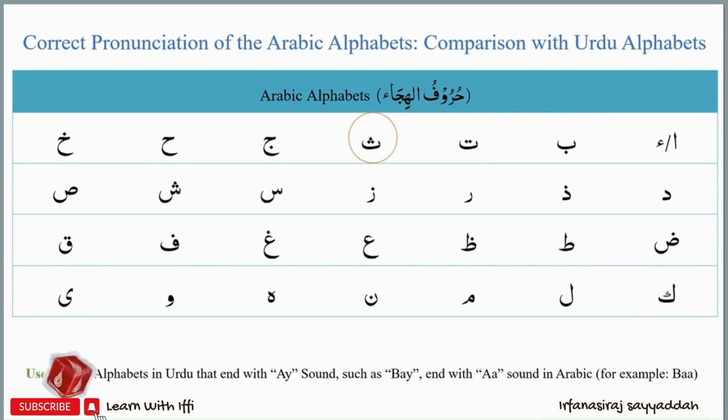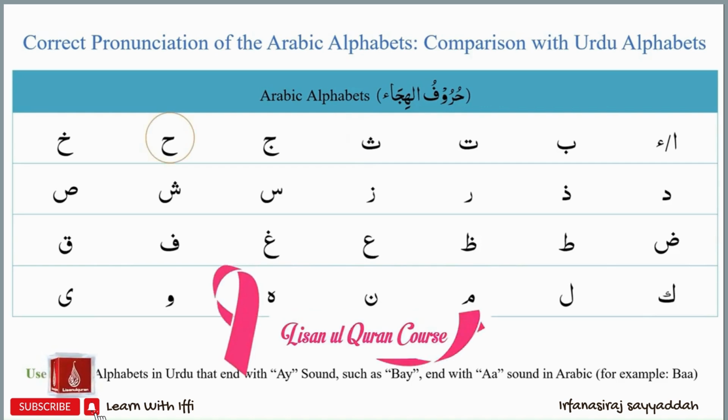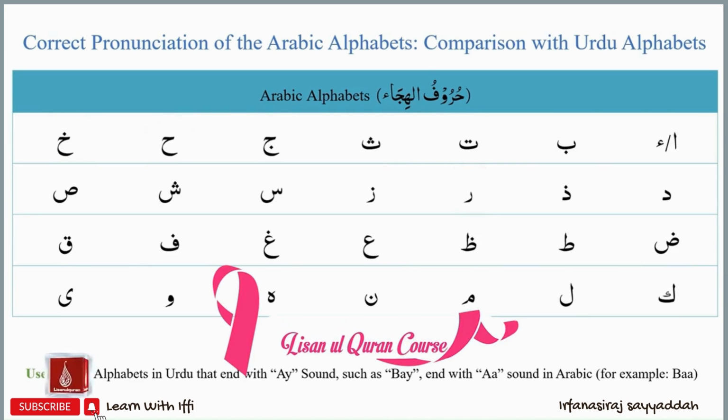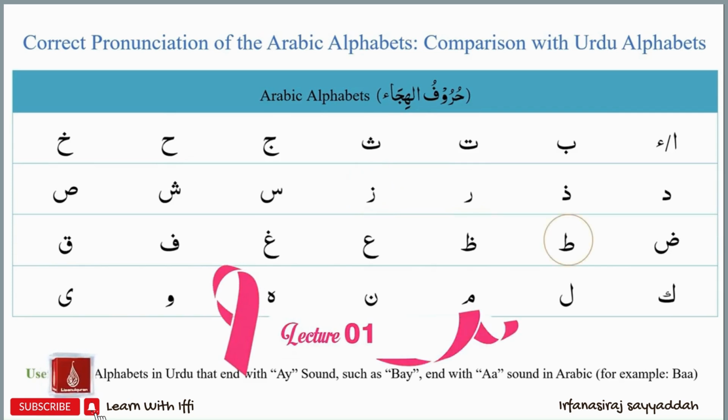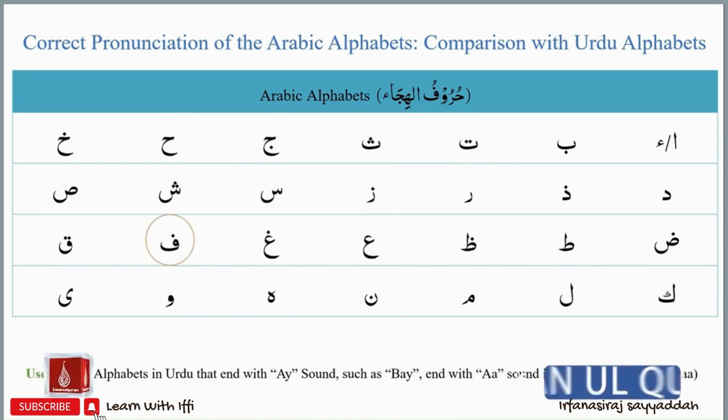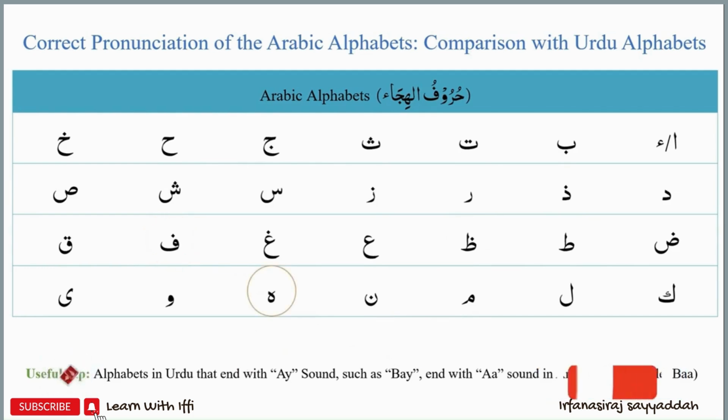Moving forward, this is tha, ha, kha, ra, za, twa, za, fa, not fe, but fa, ha, and finally, ya.